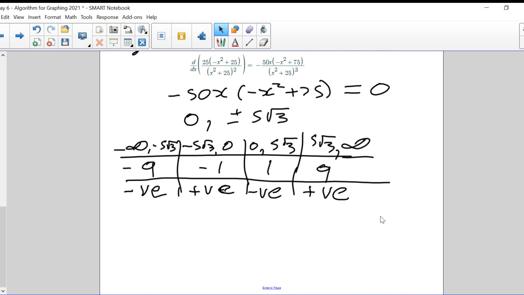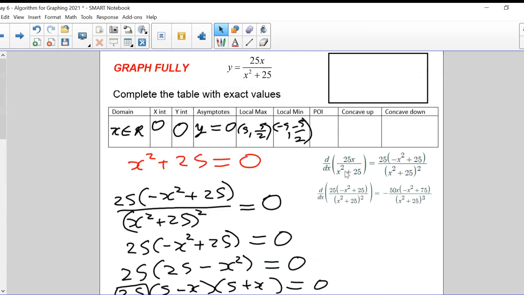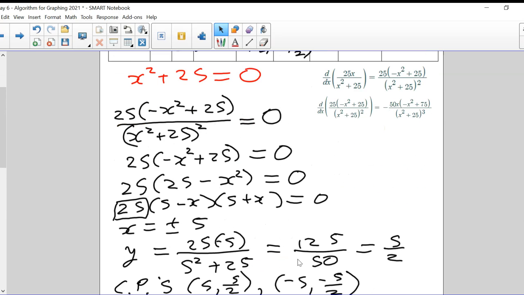So we're now thinking 2 concave up and 2 concave down sections. Remember, where it's negative is concave down. So from minus infinity to minus 5 root 3, I'm going to put that in as a concave down section. Minus infinity to minus 5 root 3 is where it's concave down.